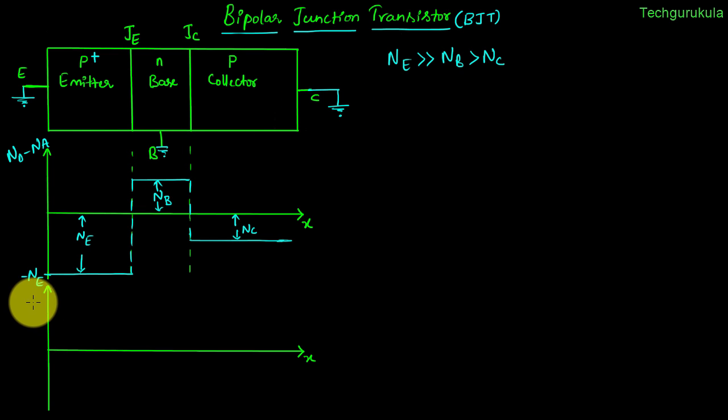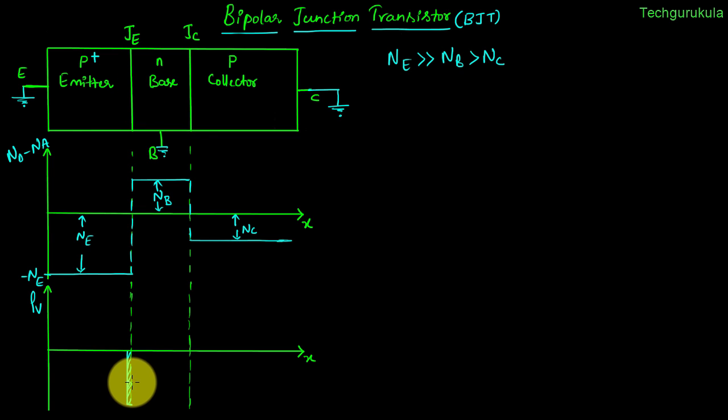Now let us look at the volume charge density inside the PNP transistor. We know for a PN junction, at the junction there would be depletion width, and there would be electric field, and there would be potential as well. And we have seen this in the p-n junction. So I'm taking directly that on p plus side, the depletion width would be small, n side would be more.